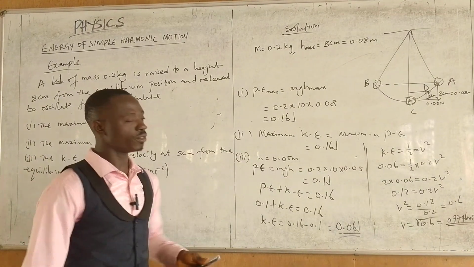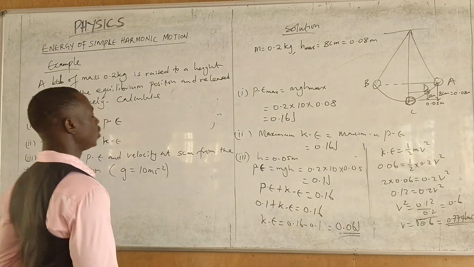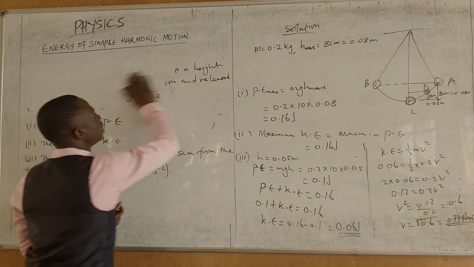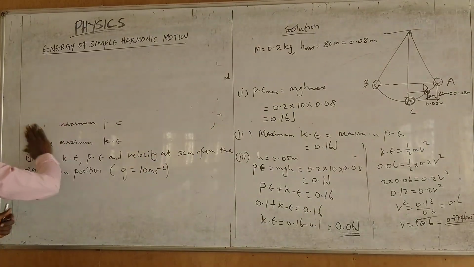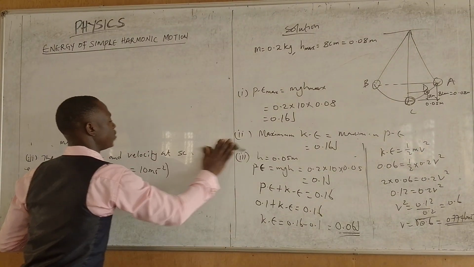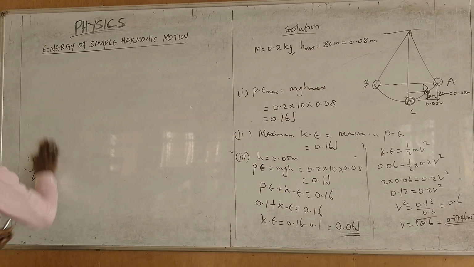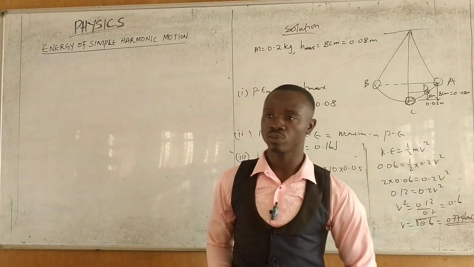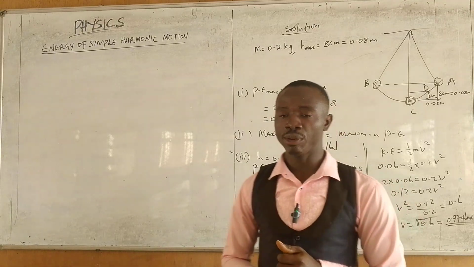What if I'm to do the one for a loaded spiral spring? For a loaded spiral spring, you will need the knowledge of Hooke's law. You must have done Hooke's law in your junior classes, I mean your SS1.